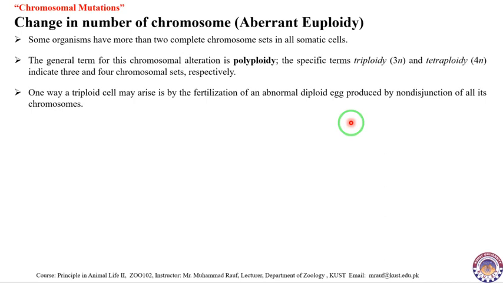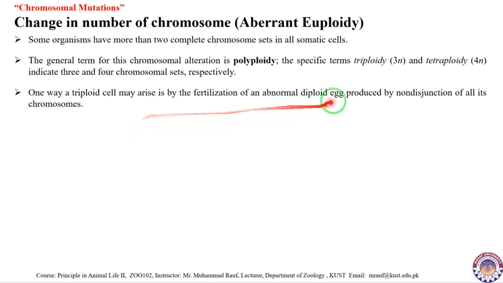One way a triploid cell may arise is by fertilization of an abnormal diploid egg produced by non-disjunction of all its chromosomes. A diploid egg may be produced where all the chromosomes located on the metaphase plate end up in one cell and the other cell completely lacks any of the chromosomes.